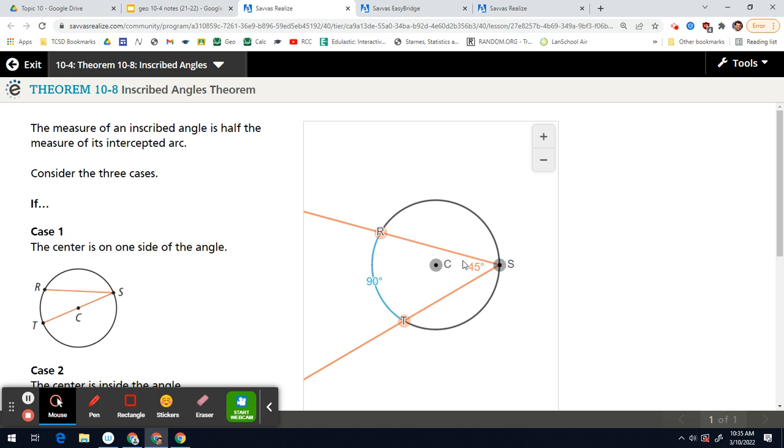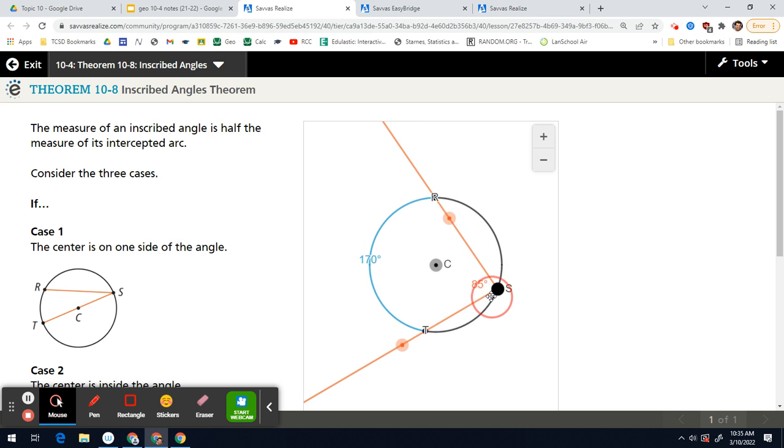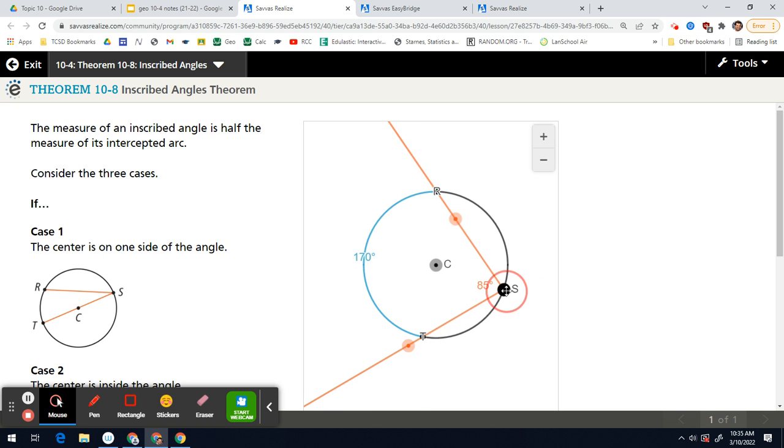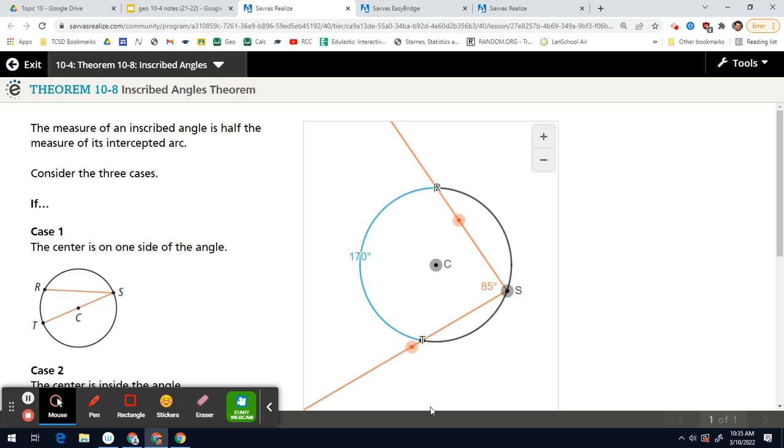And again, 90 to 45, 1/2 times 2. If we move R and make that inscribed angle bigger, notice that the relationship still holds true. If you move S to make the circle bigger, it doesn't matter about the actual length. Again, the measures are proportional. Okay, so there we go.